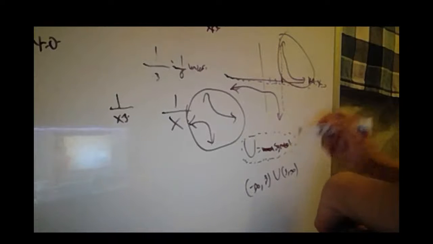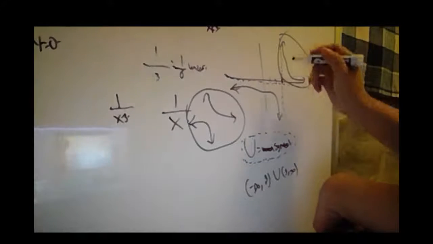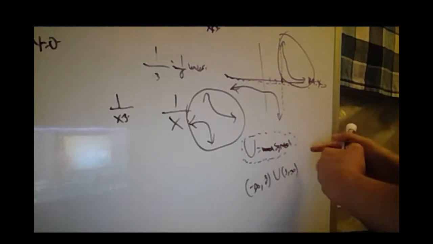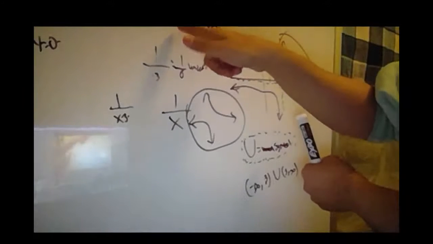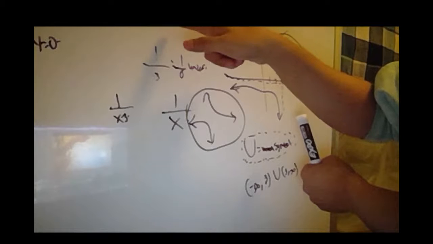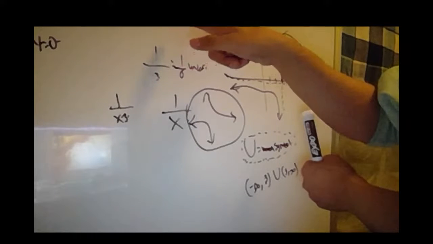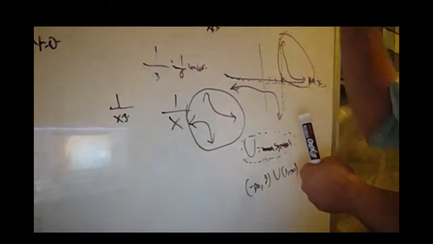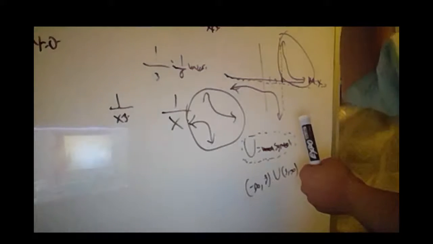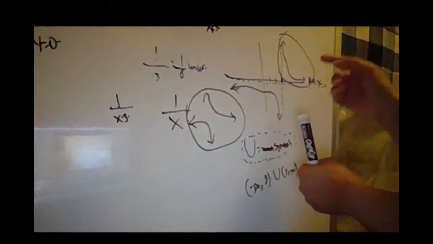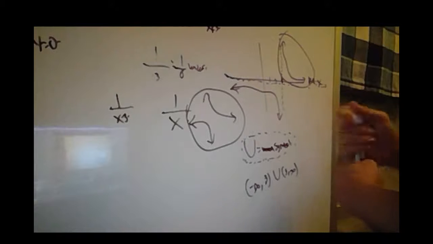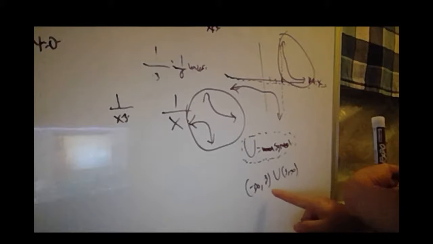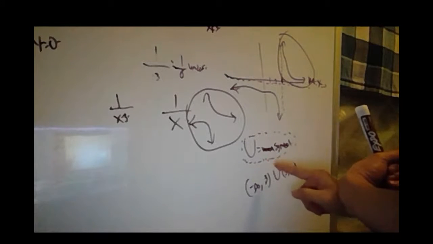And we're not including 3 because 3 is not in our domain. If we plug in 3 for f of x equals 1 over x minus 3, we're going to get undefined. That's why we're putting parentheses.